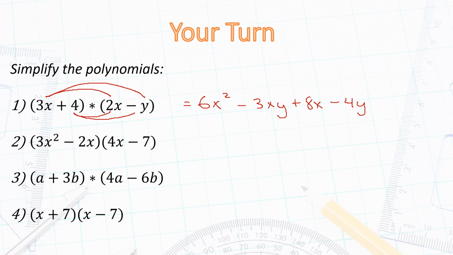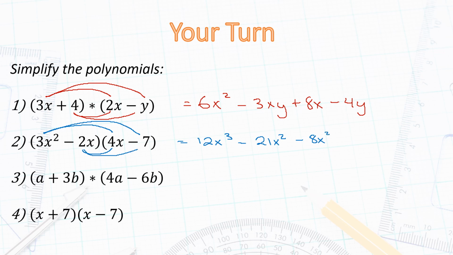Next one, 3x squared times 4x is 12x cubed. 3x squared times minus 7 is minus 21x squared. Minus 2x times 4 is minus 8x squared. I'm sorry, there's x's in both.